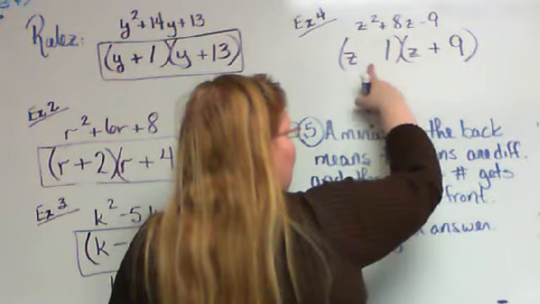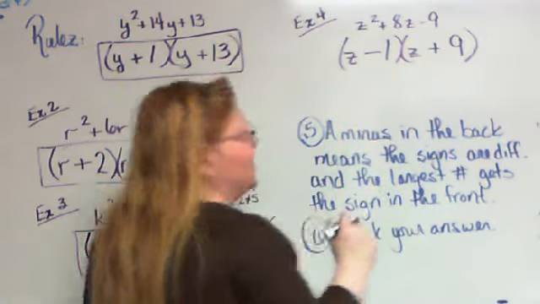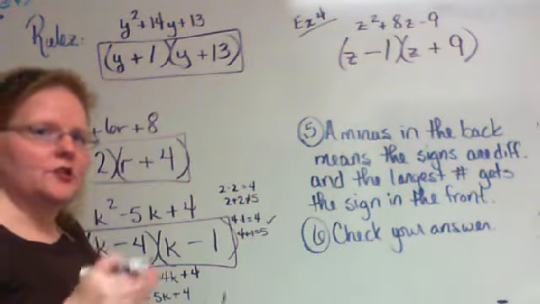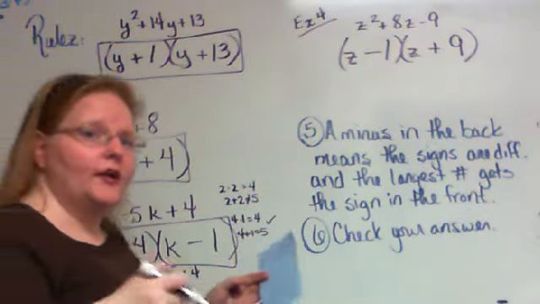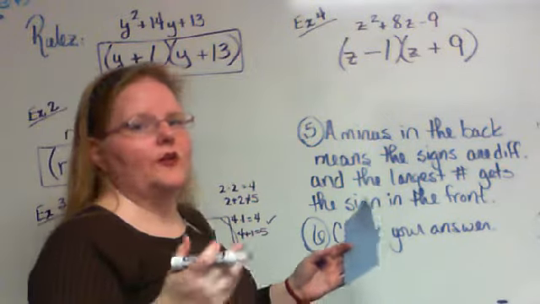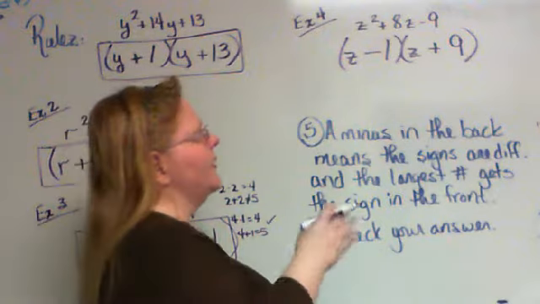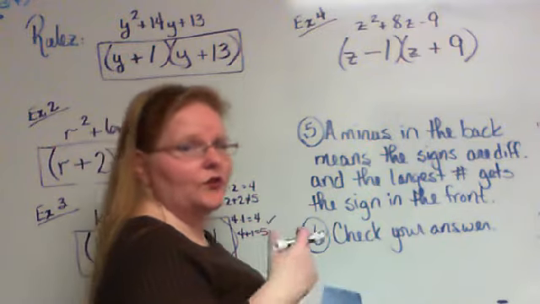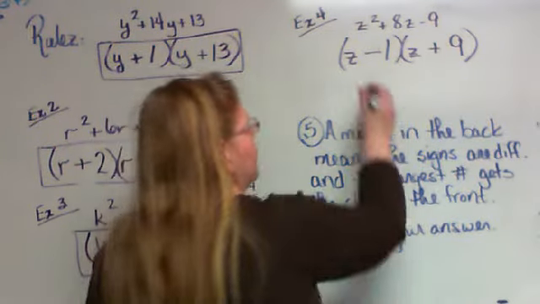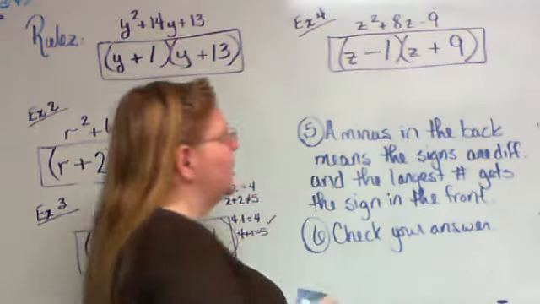And that means the other one has to go here, so that has to be a minus. Which is exactly what you got before. It's just one parenthesis was before the other one. So in the last one we had z plus 9 times z minus 1. And in this one we have z minus 1 times z plus 9. It's going to give you the same answer either way because of the commutative property. It doesn't matter which one comes first. So we're all okay.